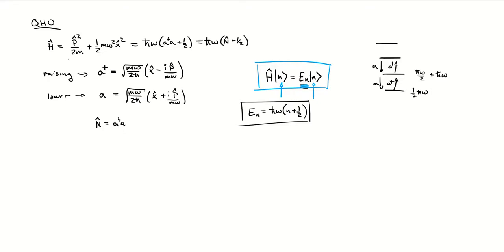We could just take our Hamiltonian and put that in the position representation and solve that, which would essentially be negative h bar squared over 2m, the second derivative with respect to position of our energy eigenfunction, plus 1 half m omega squared x squared times that energy eigenfunction, equal to our energy eigenvalue times that energy eigenfunction.